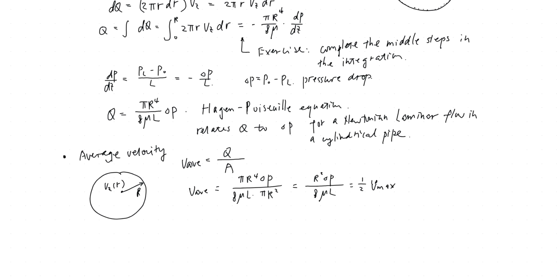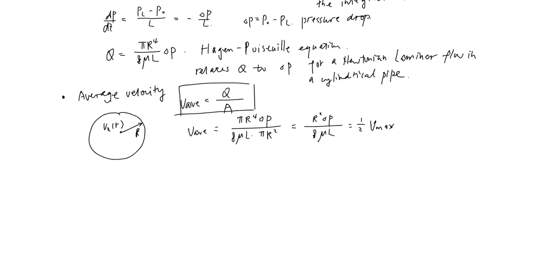You should always calculate average velocity from the definition. And it happened to be 1/2 maximum for this particular problem. So I cannot emphasize this more. In the past, the students always made this mistake. They always think that for any flow, any geometry, it's 1/2 maximum. No, that's not the case.